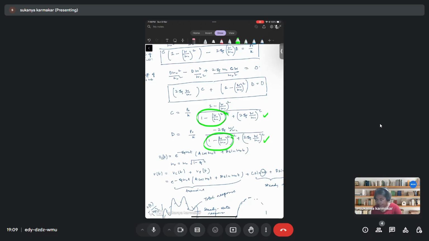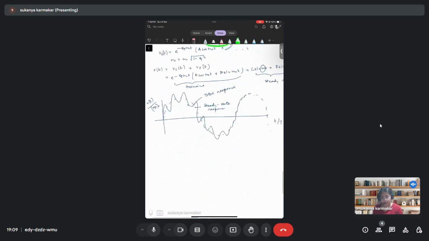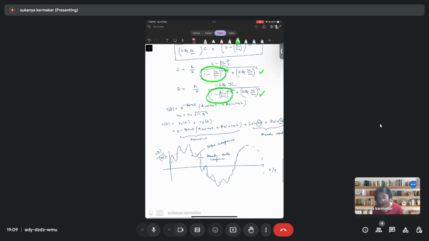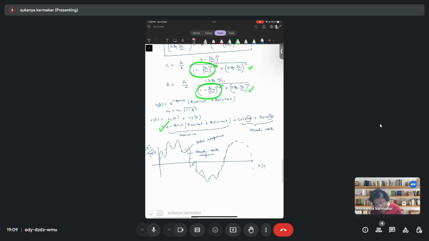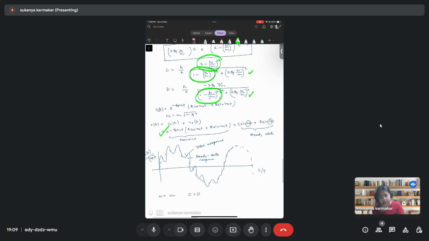So when omega is equal to omega n, we will see what happens to this solution. If we substitute omega equal to omega n, c will be equal to 0, because in the numerator we have 1 minus omega by omega n whole square. What will happen to d?